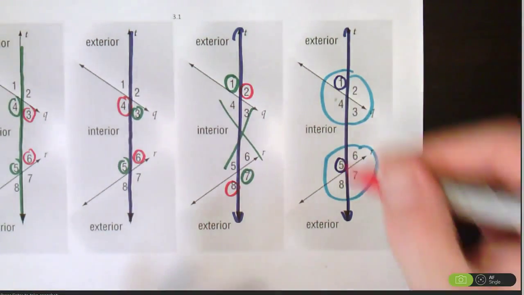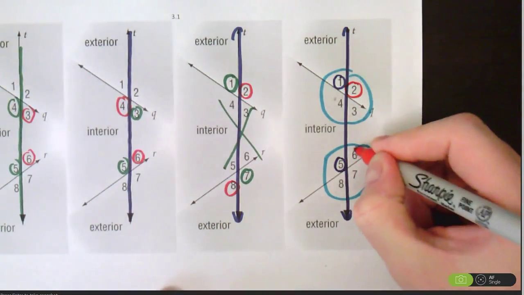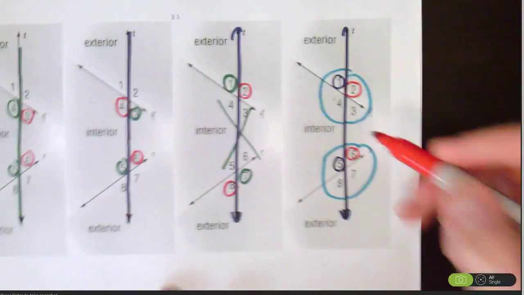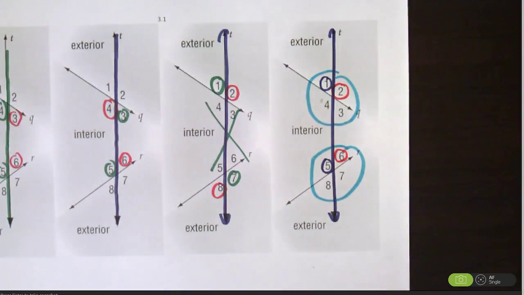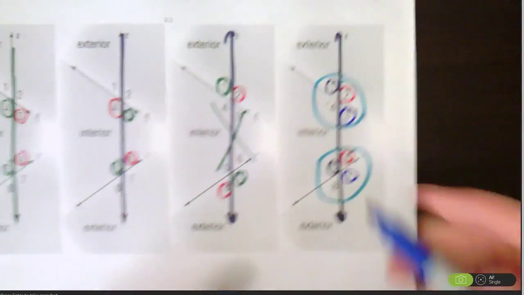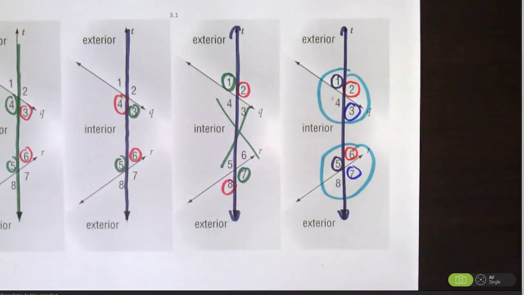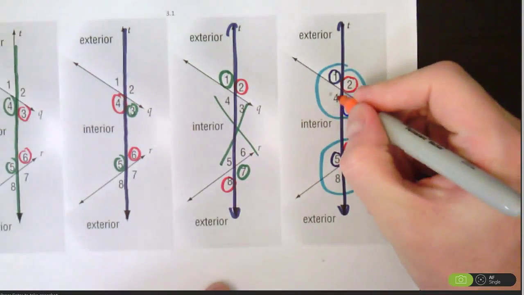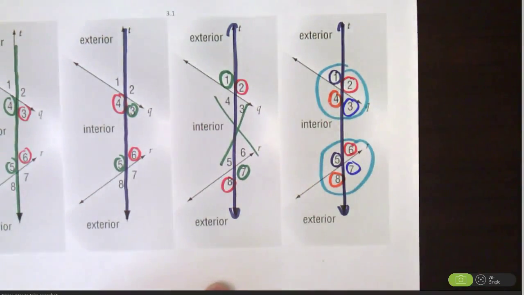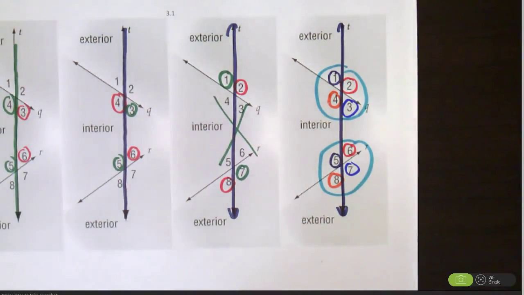Next pair, 2 and 6: 2 is in the top right, 6 is in the top right. 3 and 7, bottom right, bottom right. 4 and 8, bottom left, bottom left. So that's how it works with corresponding angles.